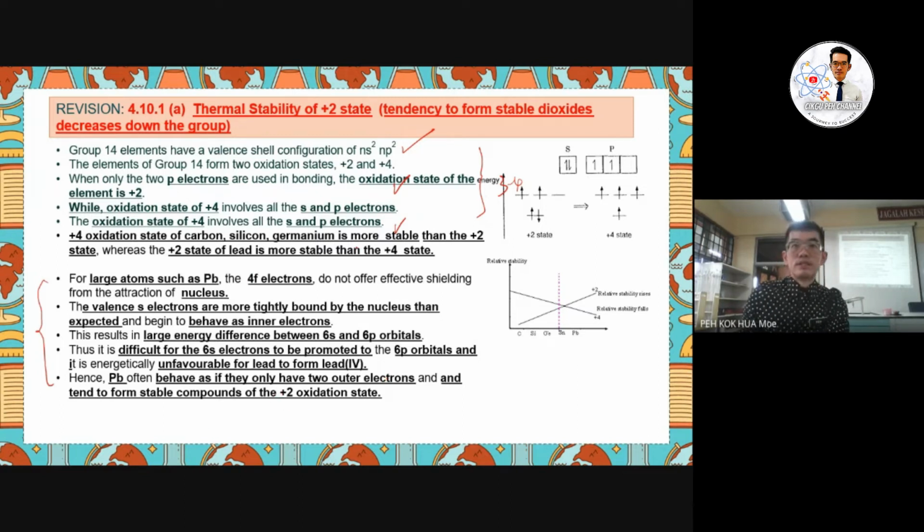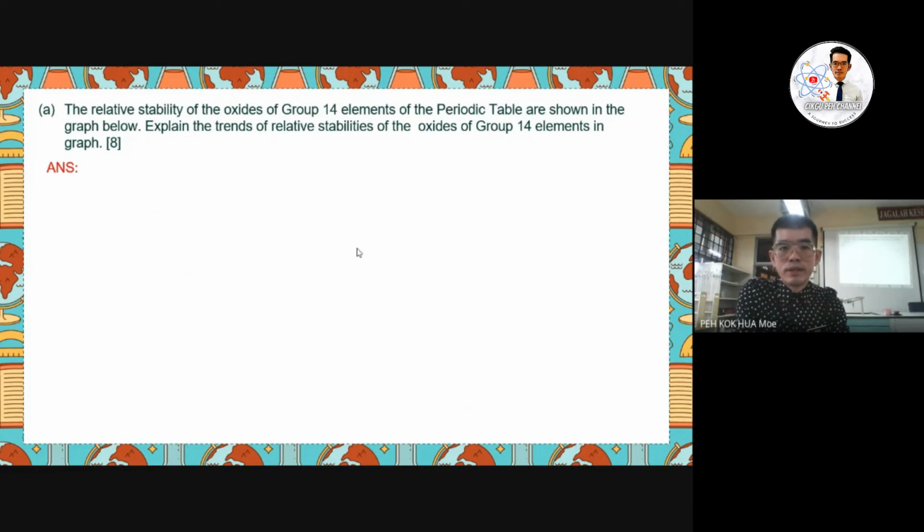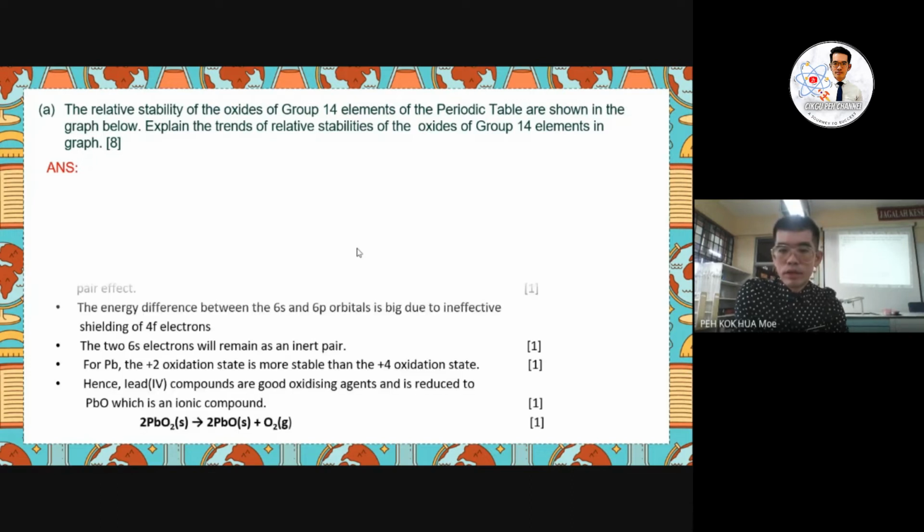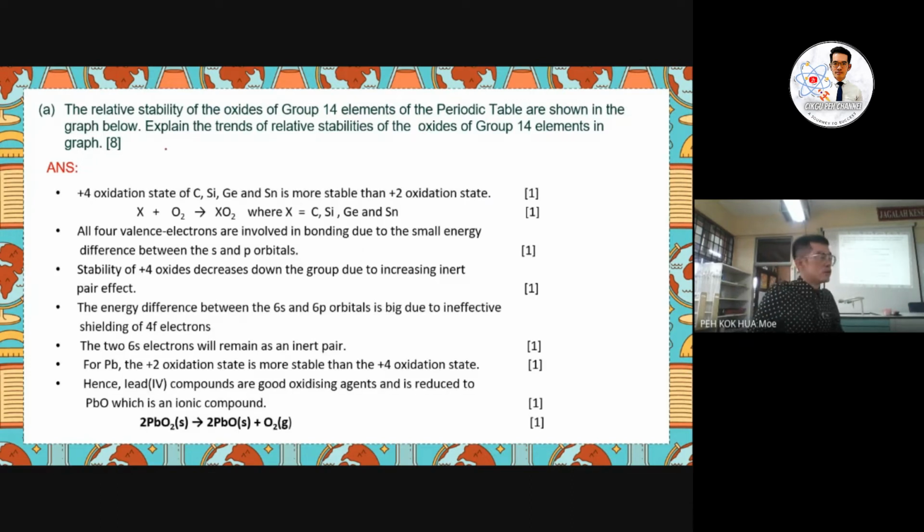So this is all the discussion which you already learned in your notes. Okay, so let us see together what the 8 marks given for this question are. We have already read, then we have to know what the main points you can apply in your answer are. The first mark: the +4 oxidation state of carbon, silicon, germanium, and tin is more stable than the +2 oxidation state.